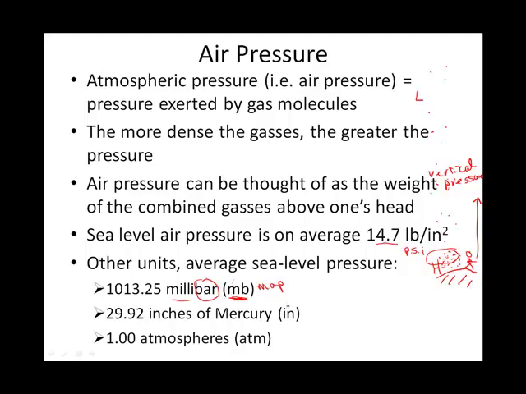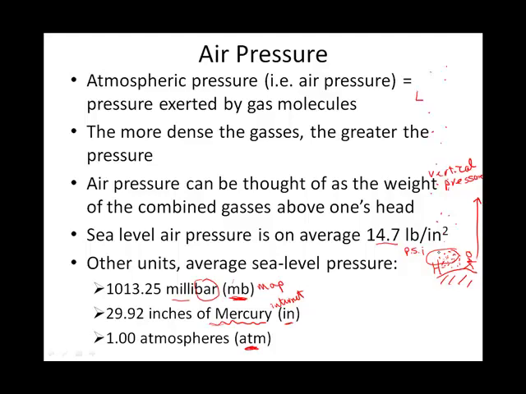Now, if you're doing your weather log, there's a good chance that if you've been checking the internet, they will talk about pressure in terms of inches. What they don't say is it's inches of mercury, and I'll tell you why. In physical science, a lot of times we talk about units of pressure in terms of atmospheres.